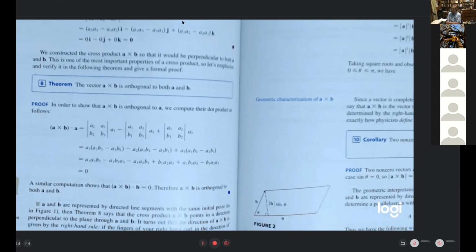So if one points at a 30-degree angle, one points at a 100-degree angle, those are two linearly independent vectors in 2 space, 3 space, 5 space, it doesn't matter. Two linearly independent vectors form a vector space of 2 dimensions. They form a plane.